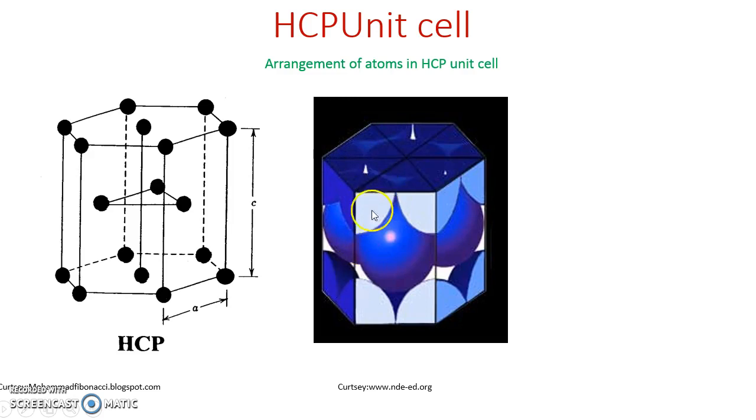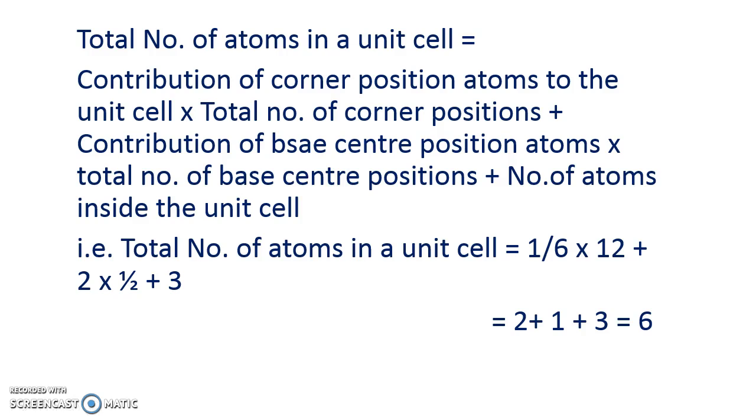Similarly, the same thing is repeated at the bottom surface. But in between these two surfaces, one layer is there which possesses 3 atoms, and these 3 atoms are totally inside this unit cell. Now, considering this arrangement, we'll try to calculate the total number of atoms present in a unit cell.